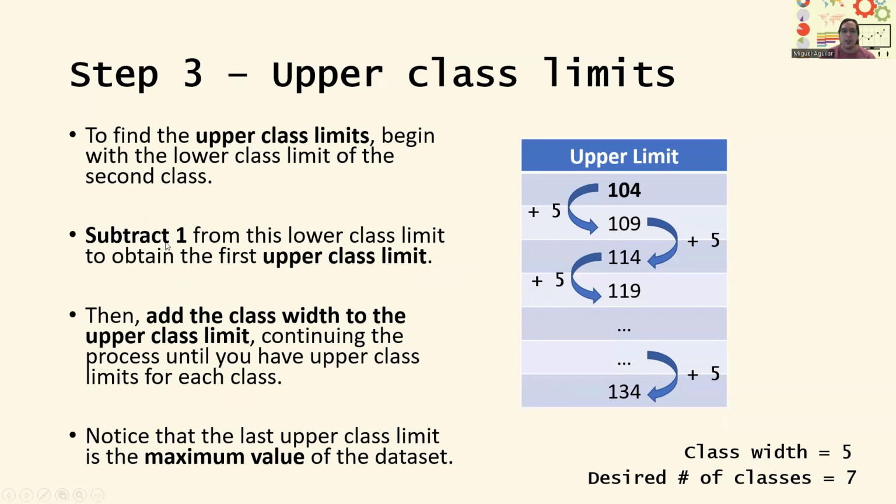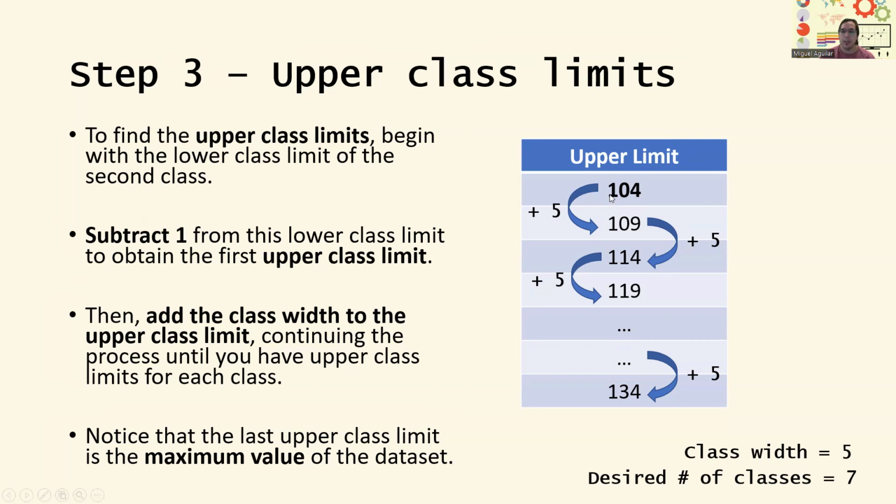Okay, so when we do that, we get 104. And then from that upper class limit, we're going to continue that same process of adding the class width until we have succeeded in getting all of our upper limits for 7 classes.